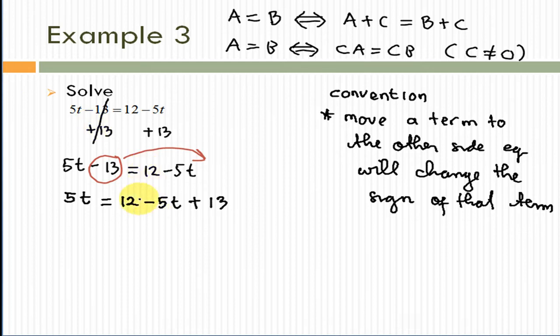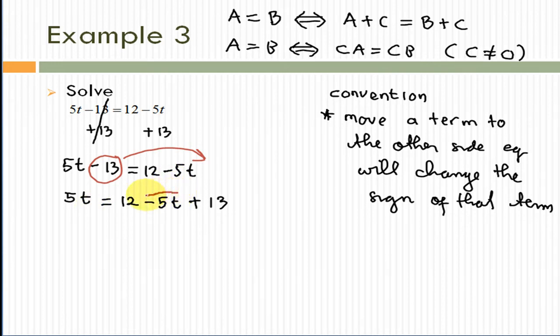Okay, let us continue. Remember, we want to isolate t on one side of the equation. Meanwhile, we can see that there are two t's on this equation, one on the left hand side and the other one on the right hand side. So we want to combine these two terms together.